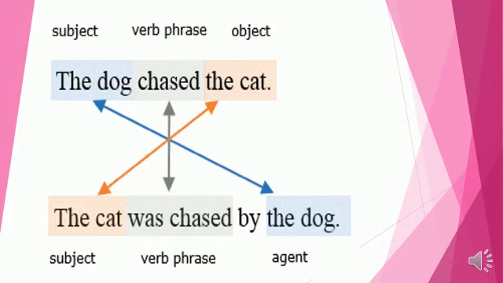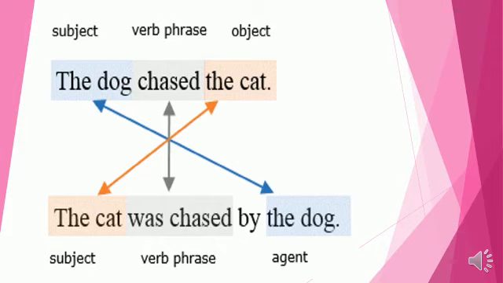Chased is the verb, it's in the past, and the cat is the object. When we want to change, as we said before, we have to start with the object, the cat, and we have to get the verb to be in the same tense of the verb, which is chased in the past. So we have to get the verb to be in the past, was or were.